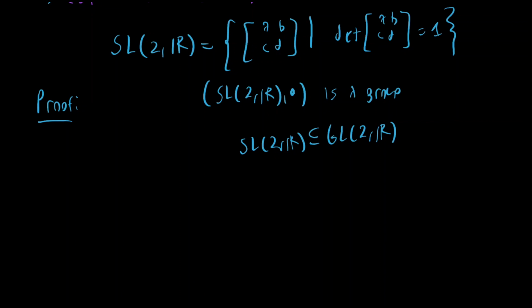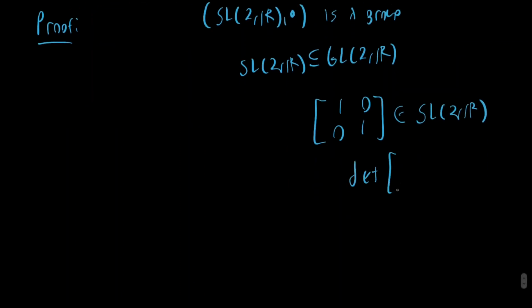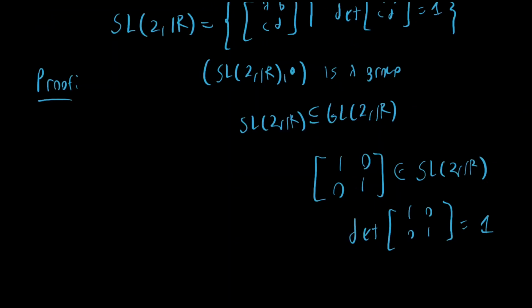We don't have to check for the identity, because we know that the identity is in SL2R: its determinant, which we can easily compute as the product of the entries of the first diagonal minus the product of the entries of the second one, is just 1. So we have associativity and we have the identity. The only thing left to prove is that there are inverses, as well as closure.